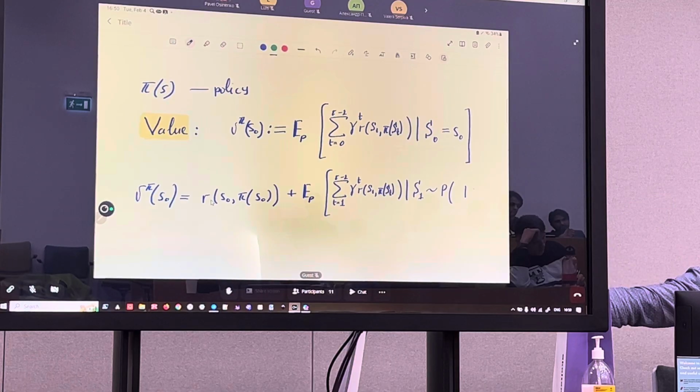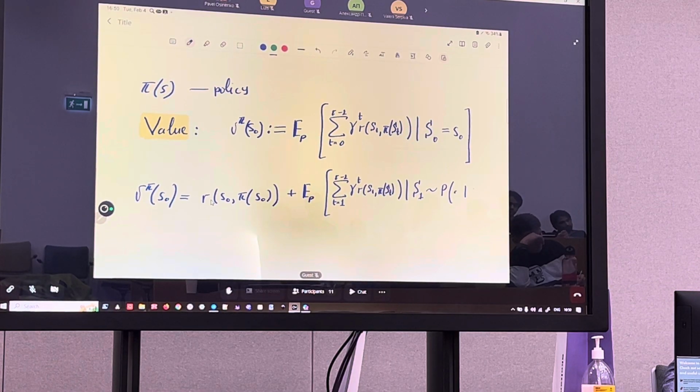State space is the whole space. State. Yes, the current one conditioned on the previous one, and take an action. What action? Take an action. What is the action? Name it. Yeah, what is that? Just name it. Yes. Zero.